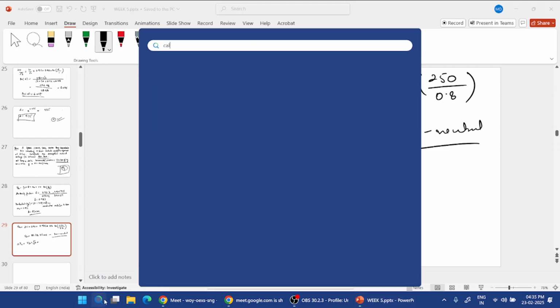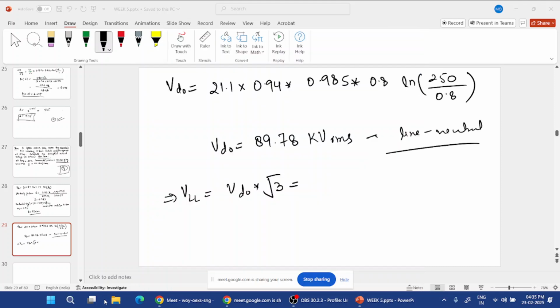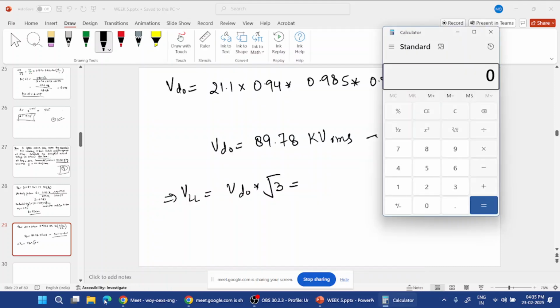Let me calculate here. So it will be 89.78 into, how much? Oh, just a second. Root 3 into 89.778.